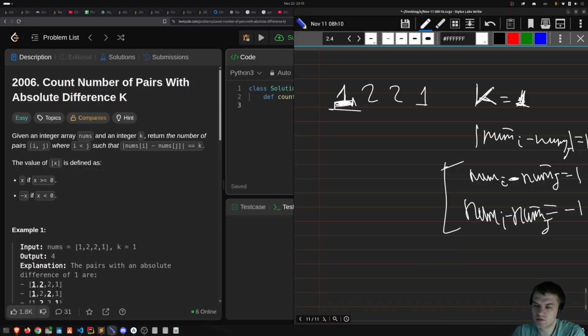So let's assume I do the counter. So counter: 1 is 2, 2 is 2. So let's go. I go 1.